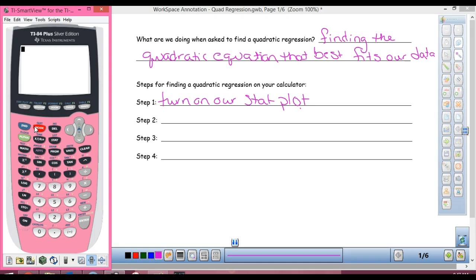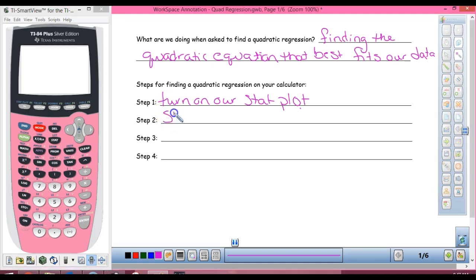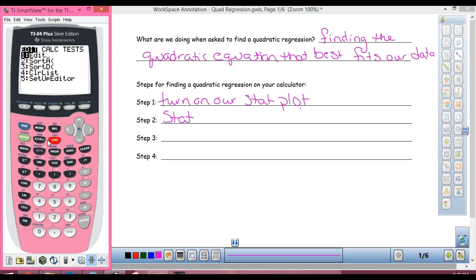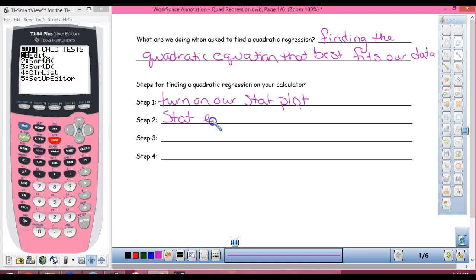Okay, step 2. We need to enter in our information. So what we hit is stat, this button right here that says stat, and we want to edit some lists. So we're going to hit stat, enter.